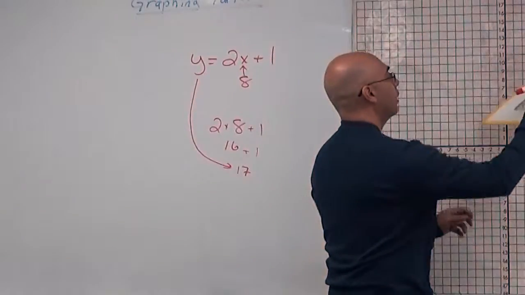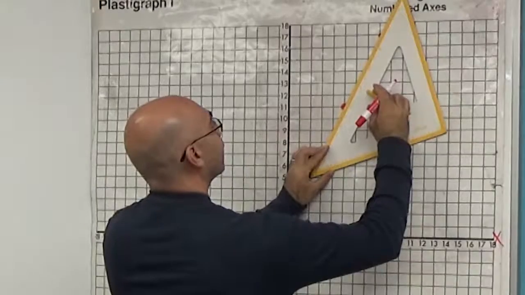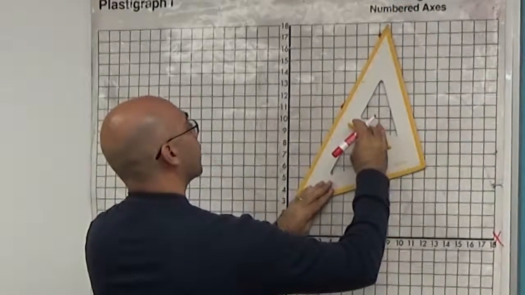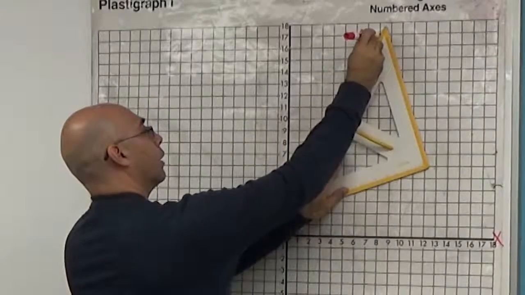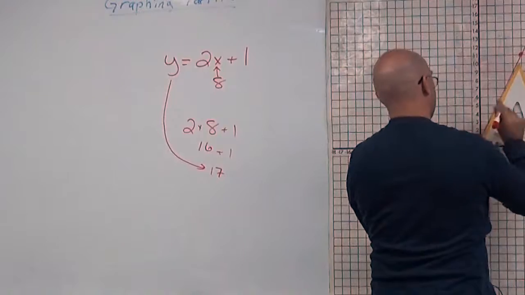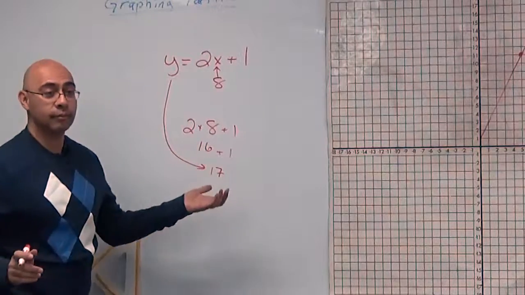I don't want to waste my time. I'm going to connect my 2 points as best I can, and see if I can get down to 0 maybe. And I'm just going to draw a straight line. Let's go up to there. Now I have the line.